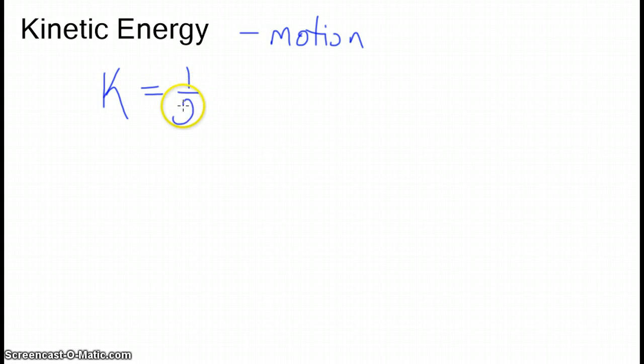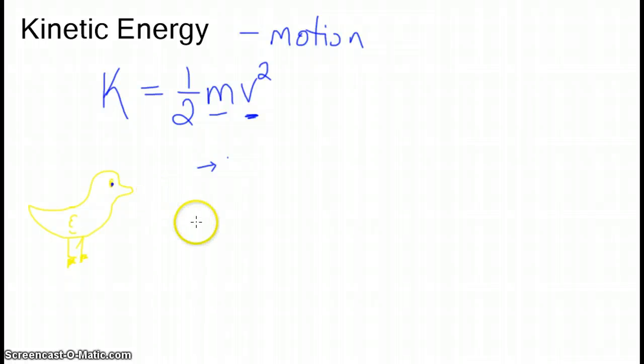We're not looking at the speed of light. So we calculate kinetic energy as 1/2 mv squared, where m is the mass and v is the velocity of the object. Now this would be the magnitude of the velocity squared, because remember, kinetic energy is a scalar quantity. It does not have a direction.